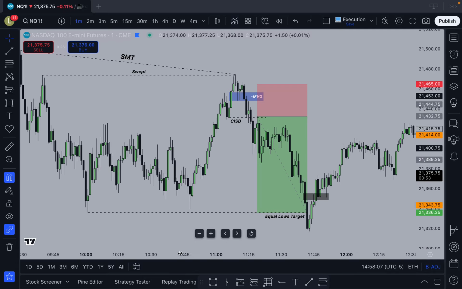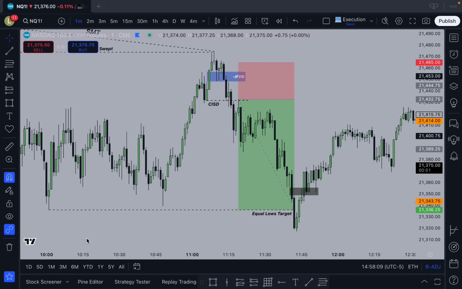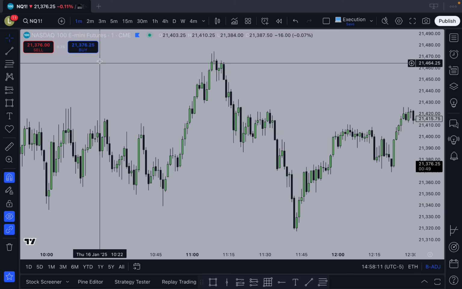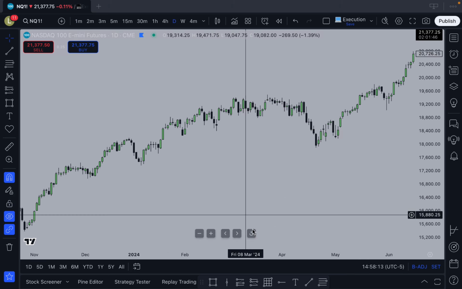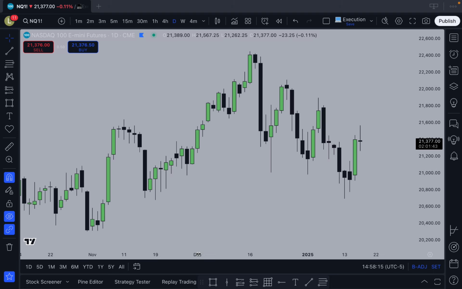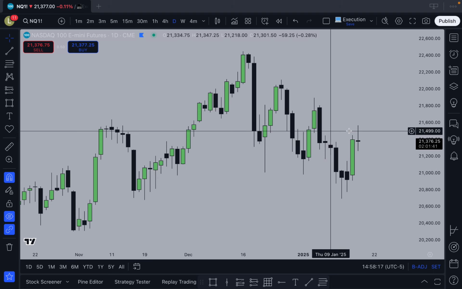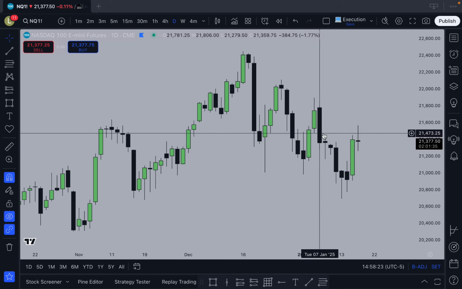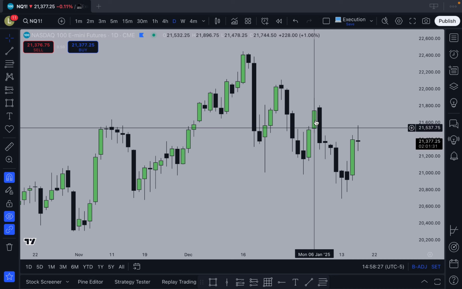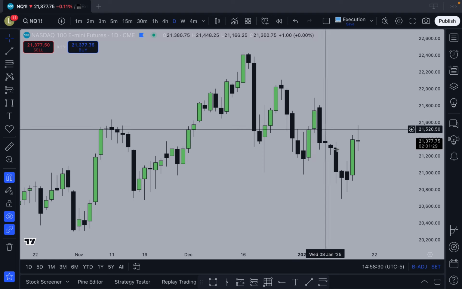So first, let's go over the bias. If we take a look at the daily time frame, we see straight away that opening up today, we're inside of this small bearish fair value gap, and we're inside of this order block here.